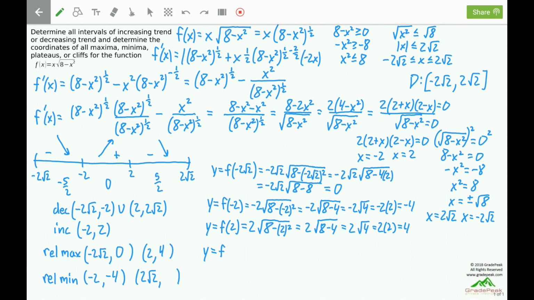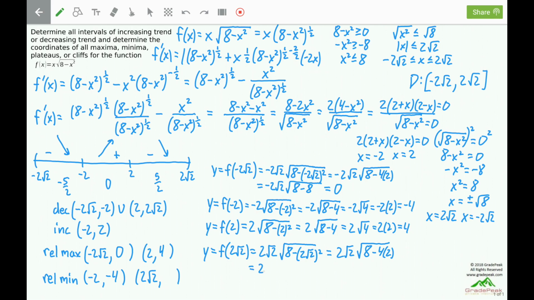So y will be f of 2 square root of 2, which will be 2 square root of 2 times the square root of 8 minus 2 square root of 2 squared, which is 2 square root of 2 times the square root of 8 minus 2 squared is a 4. Square root of 2 squared is a 2.